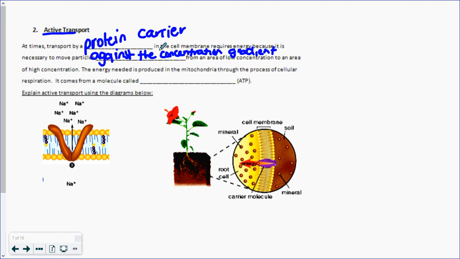So this is when we're trying to move something from an area of low concentration to an area of high concentration. So the energy needed is produced in the mitochondria through the process of cellular respiration.